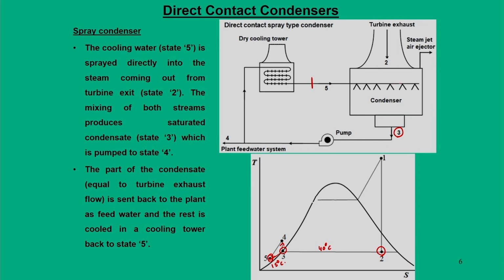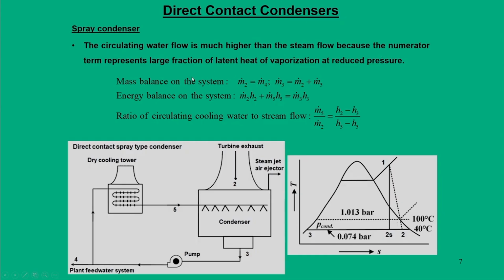That same water again enters the condensing unit. Now, the most important thing we need to find out is the mass flow of water required for a given quantity of steam. That is called the circulating water to steam flow rate ratio.